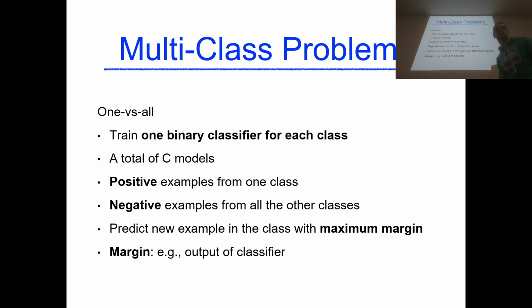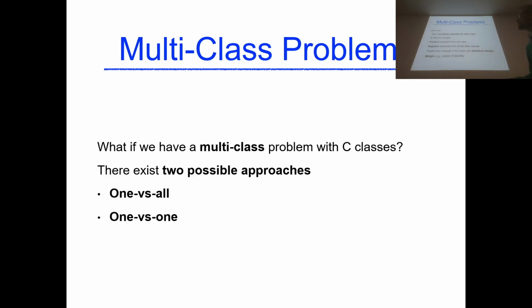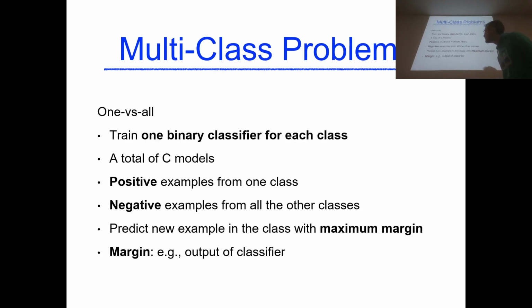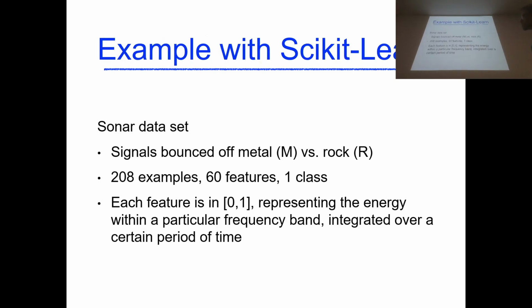I want to try support vector machines. I try both 1 versus all and 1 versus 1, and let's see which of the two gives the best performance metrics, whatever they are. Okay. Again, we have no real heuristic to choose.